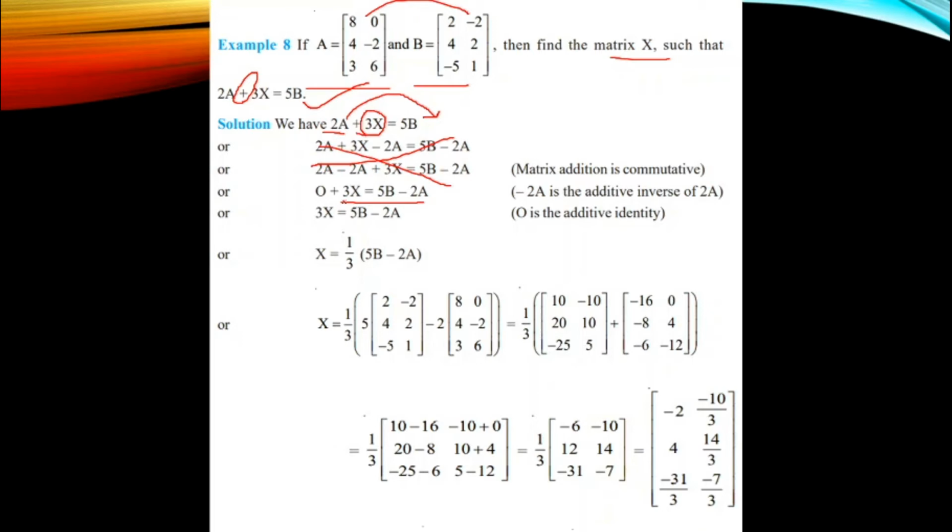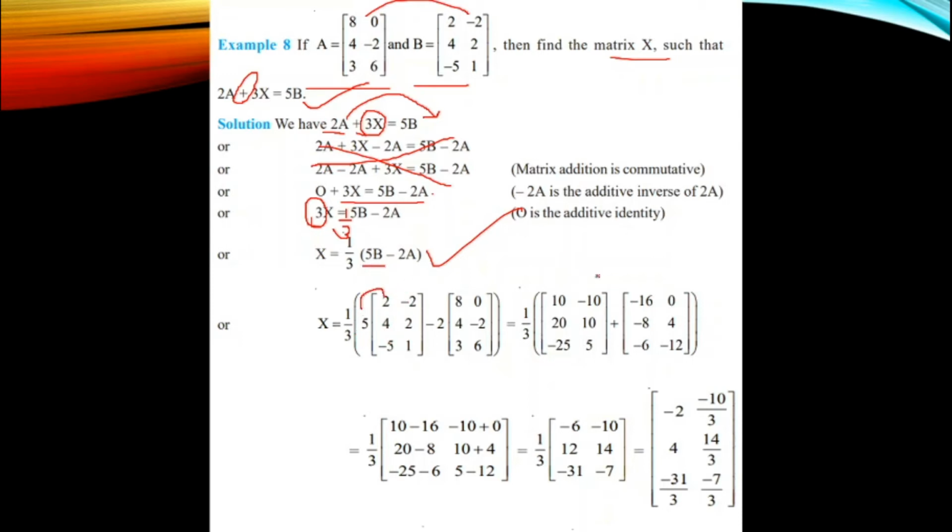So 3X equal to 5B minus 2A. Is it clear? Here 3 is a scalar value. When it goes this side, it will be dividing, that is, it will become 1 by 3. That is what we got here. 5B means you multiply 5 with each and every element of matrix B.